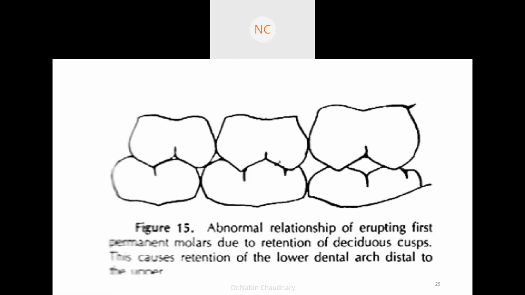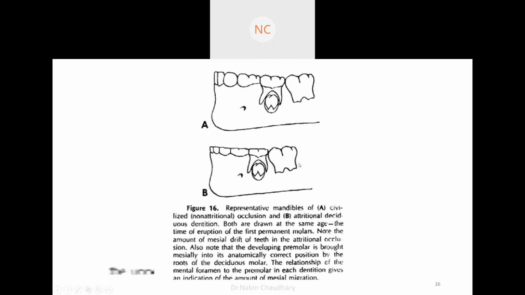Whereas in the civilized man, the attritional occlusion is not present, and the erupting molars achieve an abnormal molar relationship. For example, in this case, there is not enough attrition, and the major movement of the molars is prevented, thus resulting in the abnormal molar relationship. And also the erupting premolars.